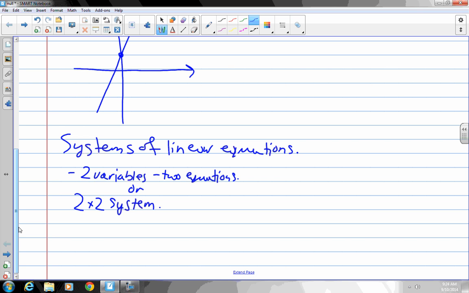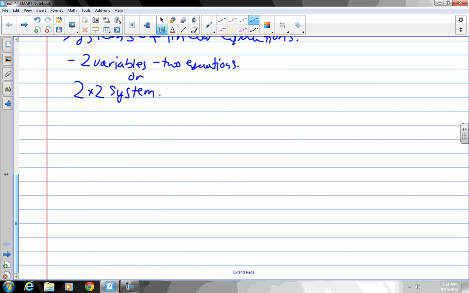So let me start you off with an example. Here's the system. y minus x equals 1, and y plus x equals 3.